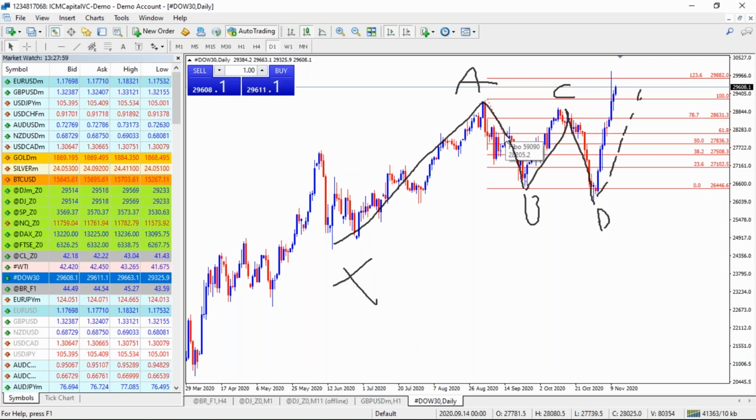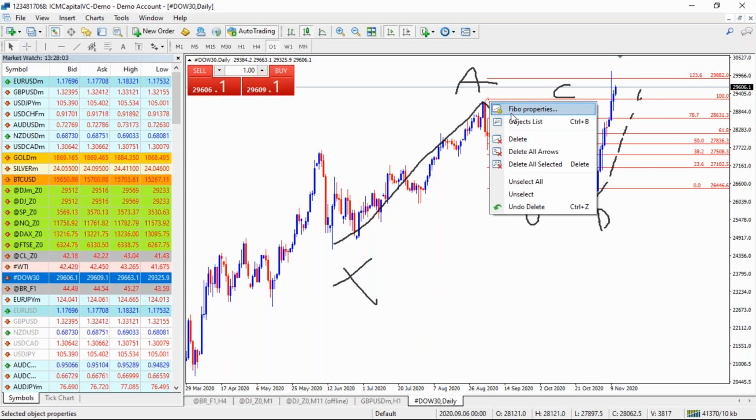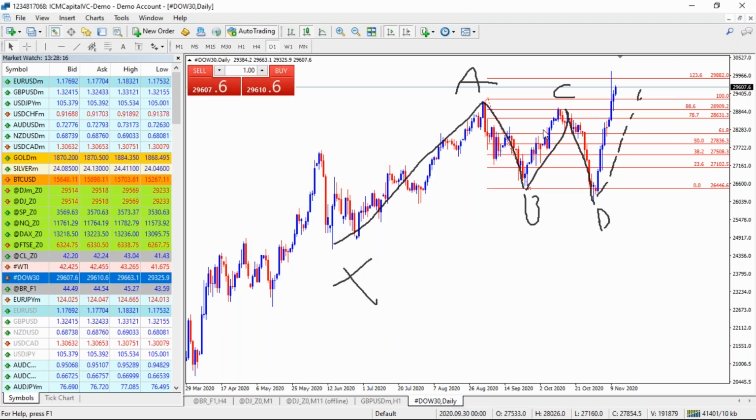I'm just going to add the 88.6. You can see the market retraced exactly 88.6, so C was 88.6 from point AB.